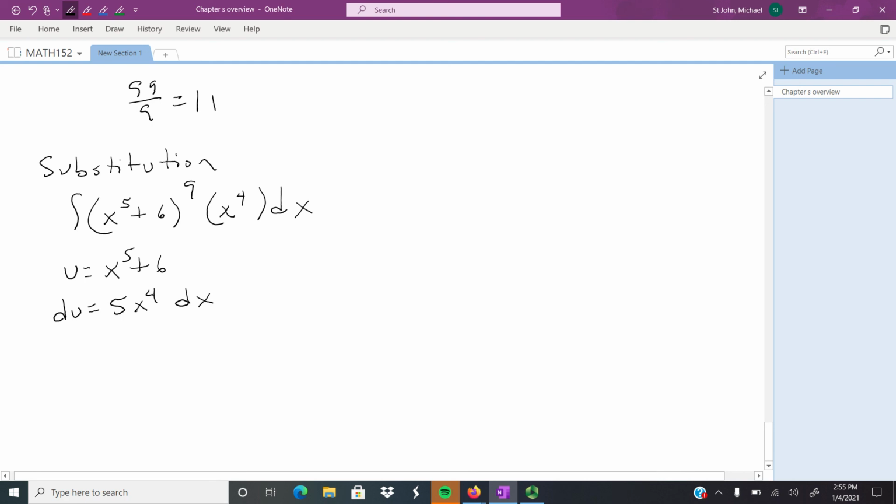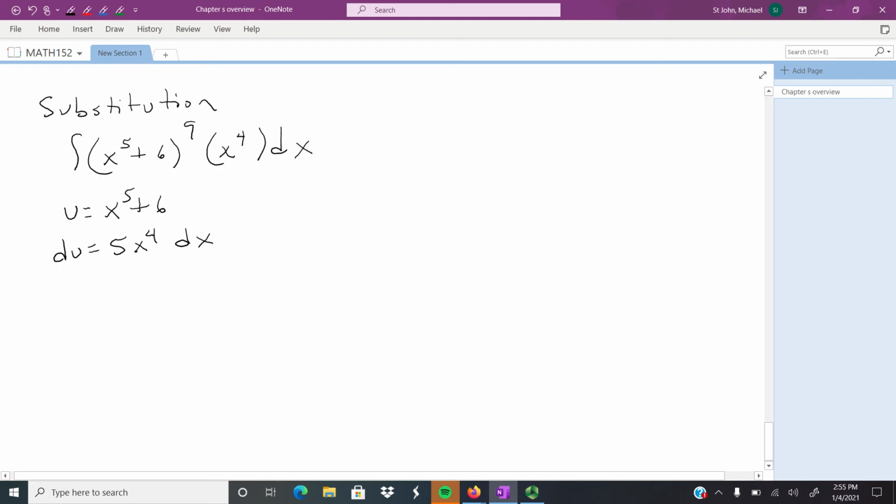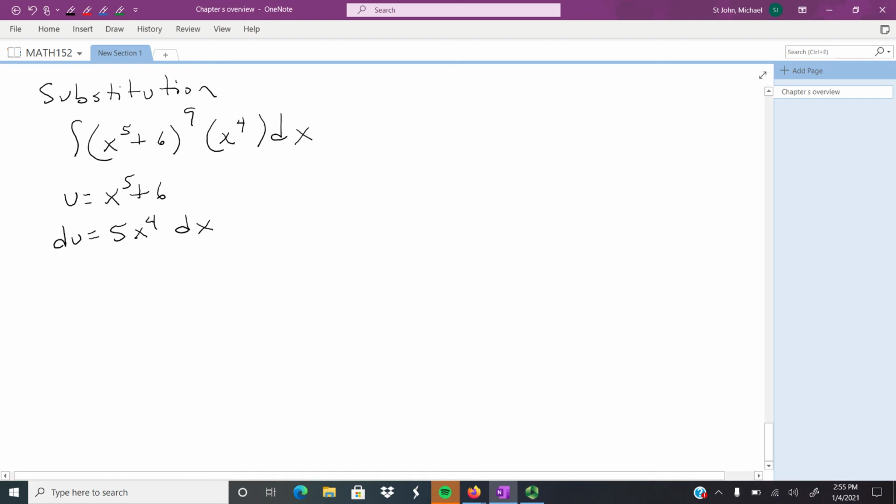Probably we want to pick our u such that the derivative will be very close to the other term. In this case, my du is 5x to the 4th, and my original is x to the 4th. So this is 5 times larger than the original, so I multiply by 1/5, and this is u to the 9th du.